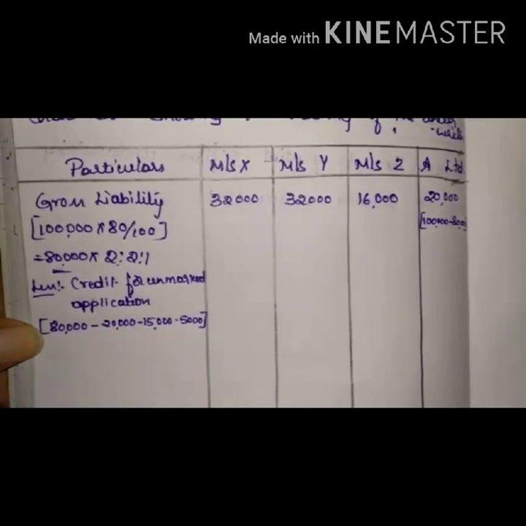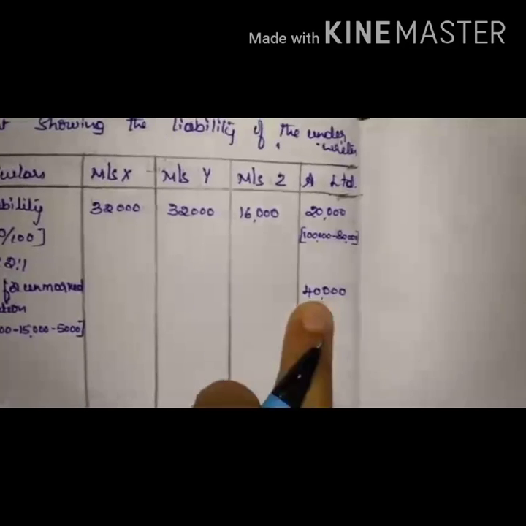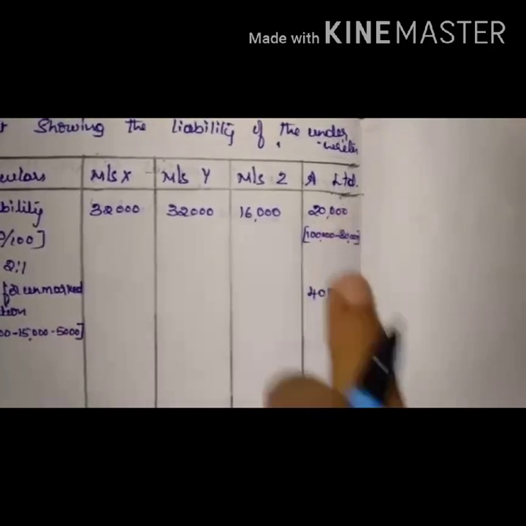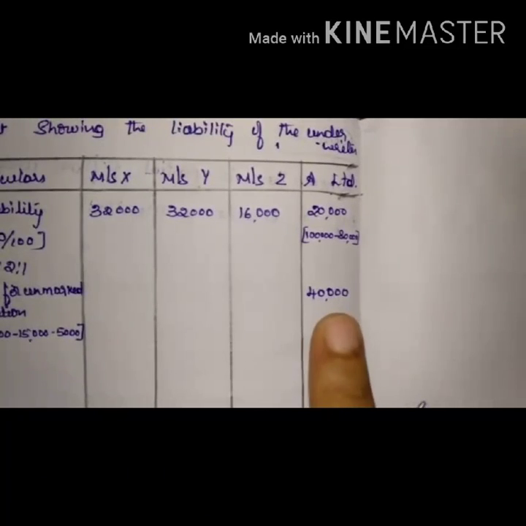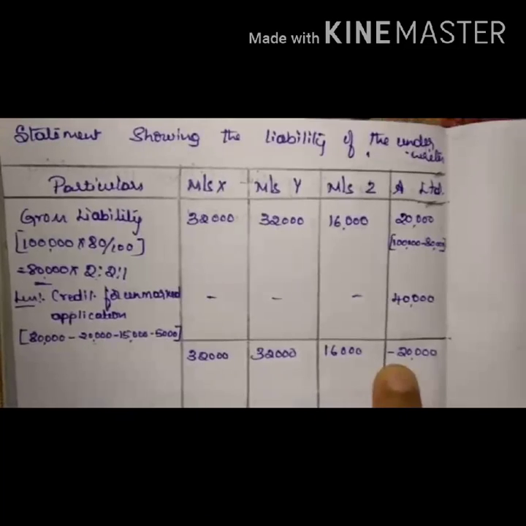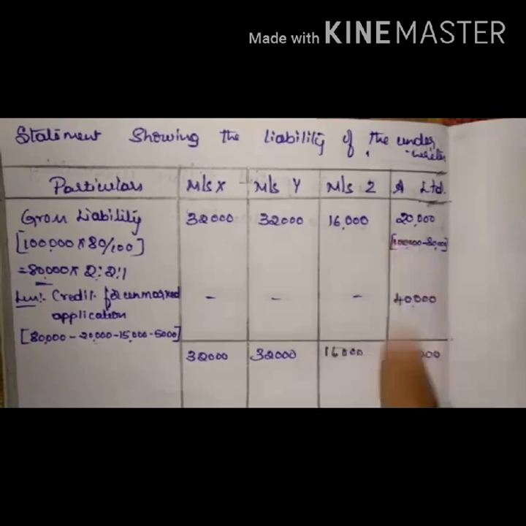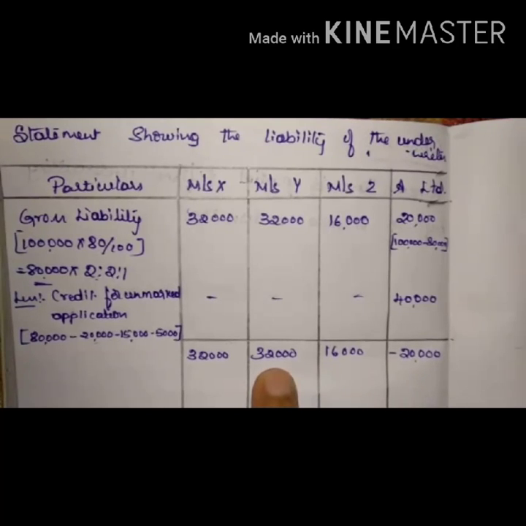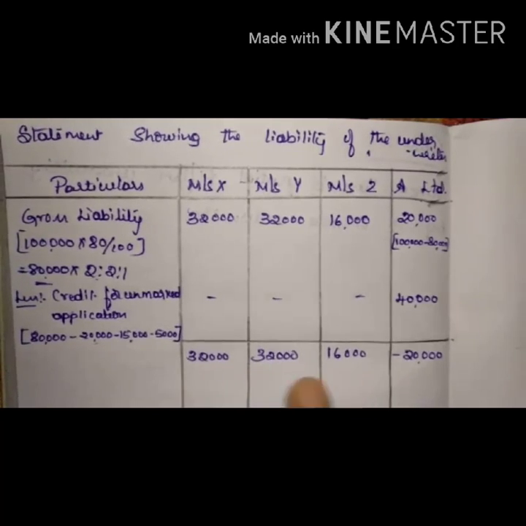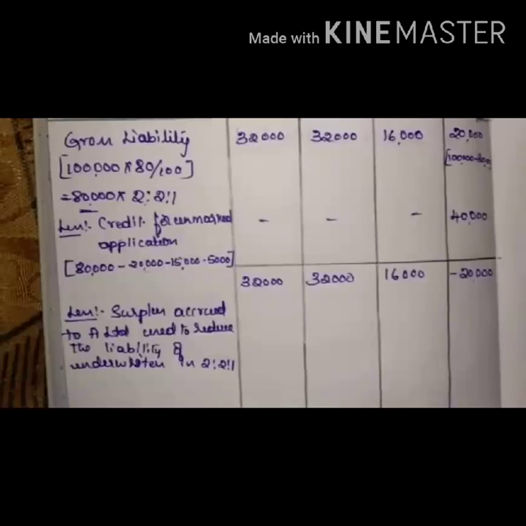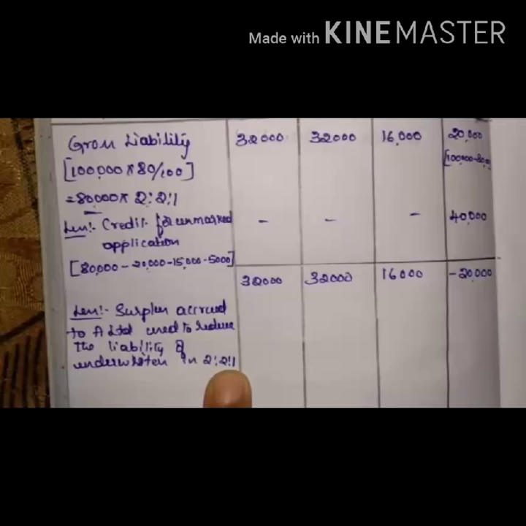So unmarked application is 40,000 and benefit is given only to the company because part of the issue is underwritten. So here we'll be getting surplus in company's account. So that surplus we have to credit to underwriters in order to reduce their liability in 2:2:1 ratio.